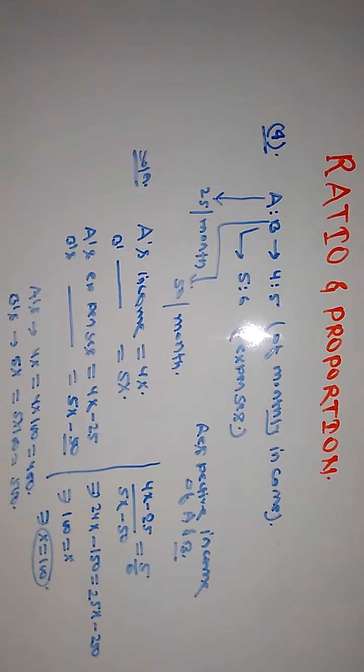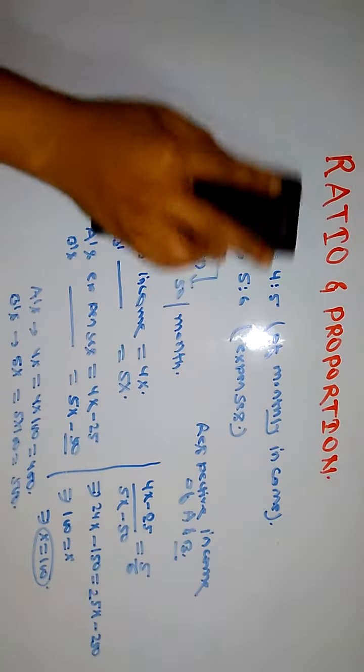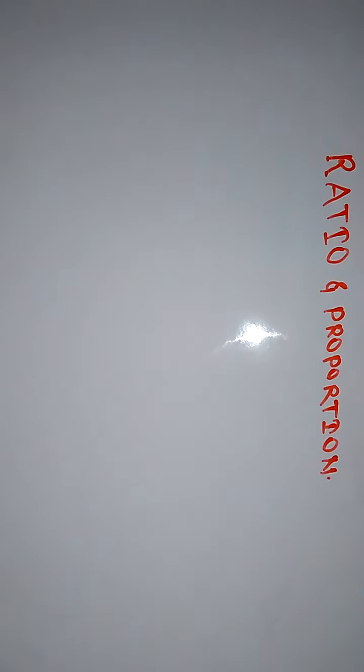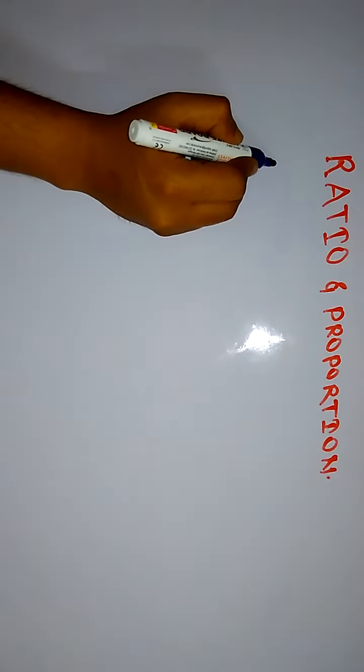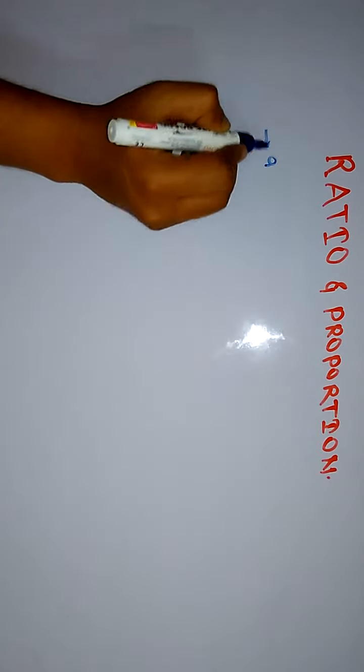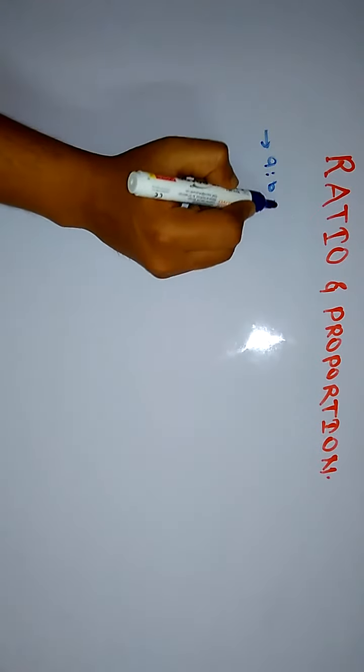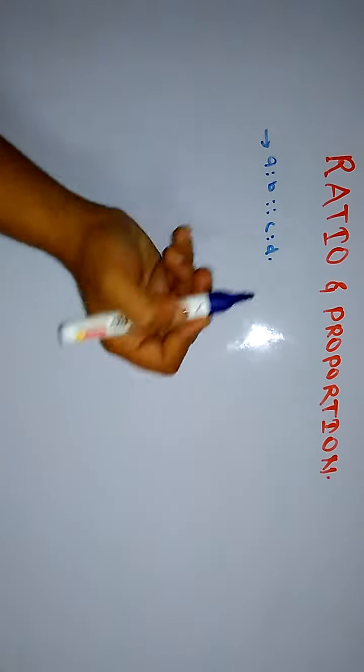Now before the next question, let me explain some basic concepts to complete this lecture today. These are some basic concepts you should keep in mind. Suppose it is given that A is to B equals C is to D in proportion.